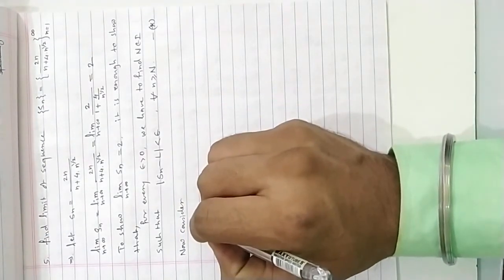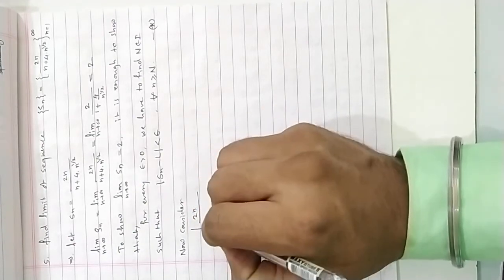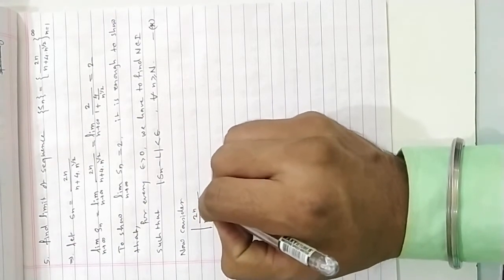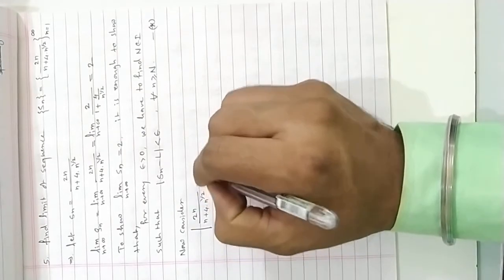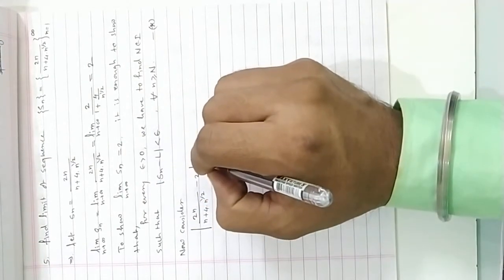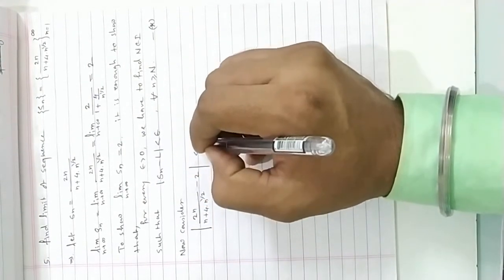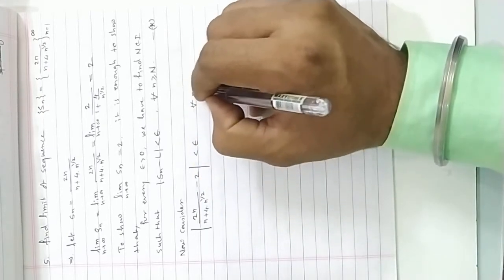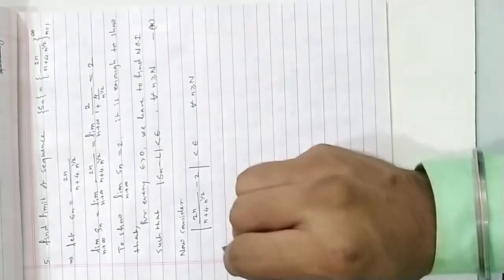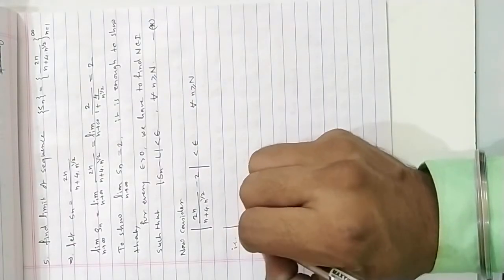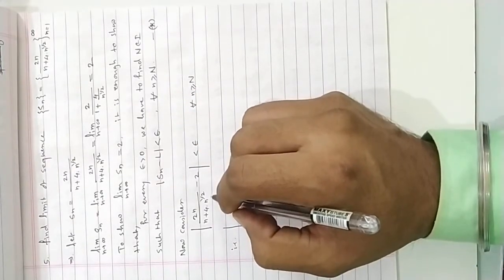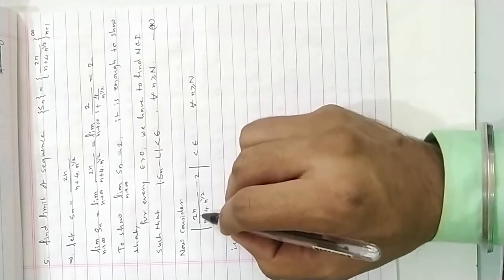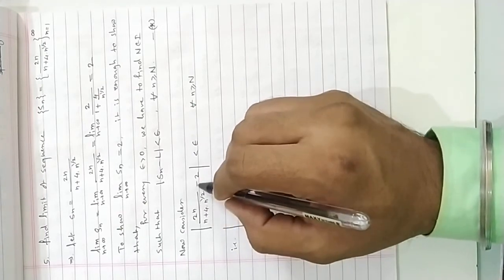So now consider the difference 2n upon n plus 4 times n raised to half minus 2, which should be less than epsilon. So for what value of n is this quantity less than epsilon? By simplifying this, 2n minus 2n will get cancelled.